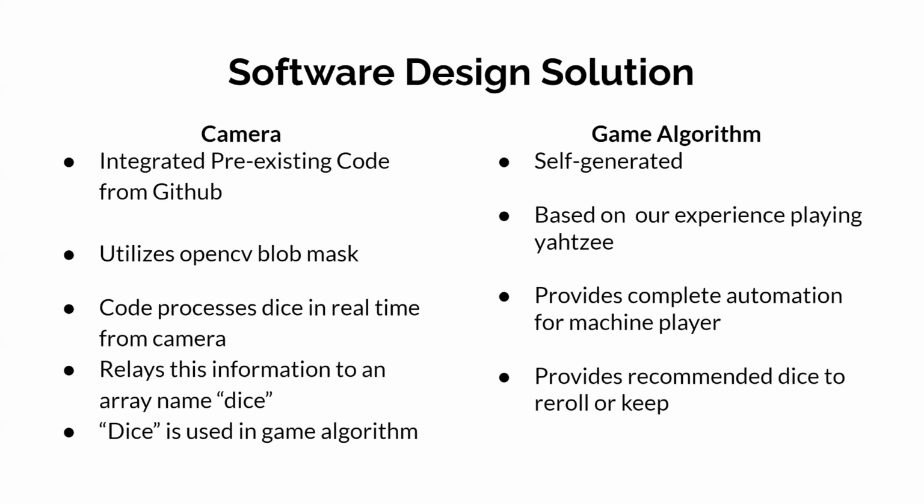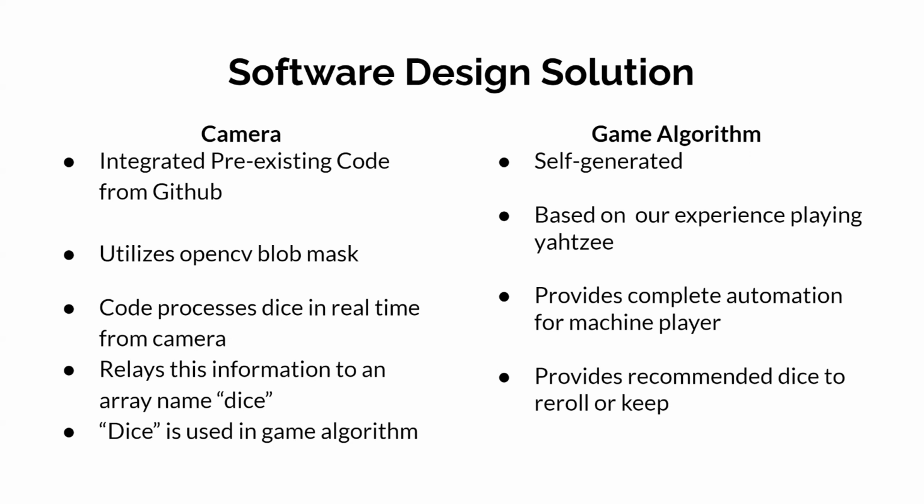So basically, it would find blobs of high contrasting colors, big or small, but it was specifically good with the small pips of the dice. That allowed us to extract the dice based on certain circumference in the image. And then we read that into an array called dice, and that dice array was used wherever else in the code we needed.